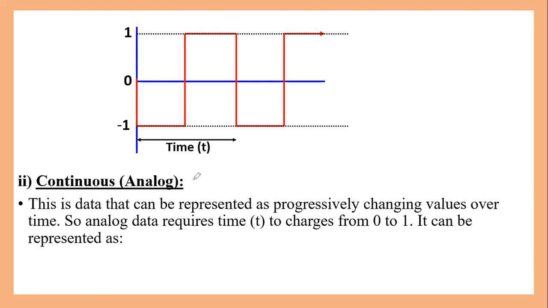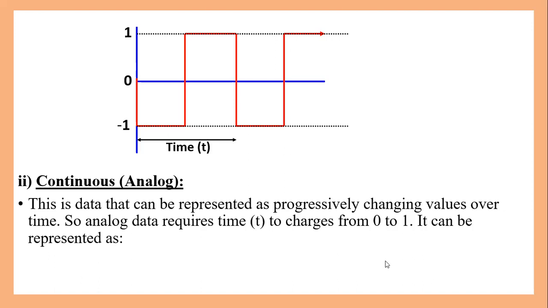The second type of data is the continuous data. Continuous data is also referred to as analog data. This data can be represented as progressively changing values over time.